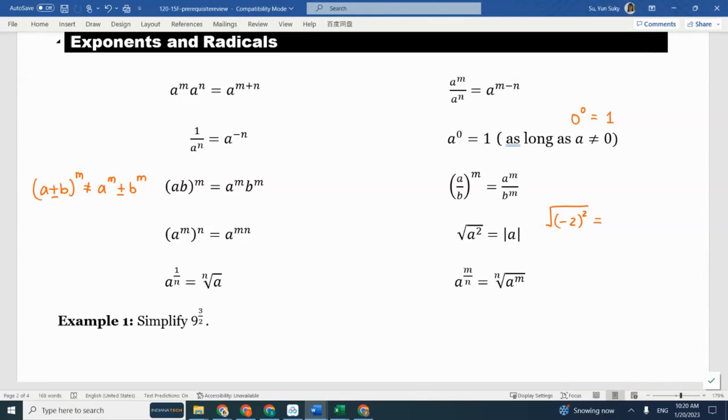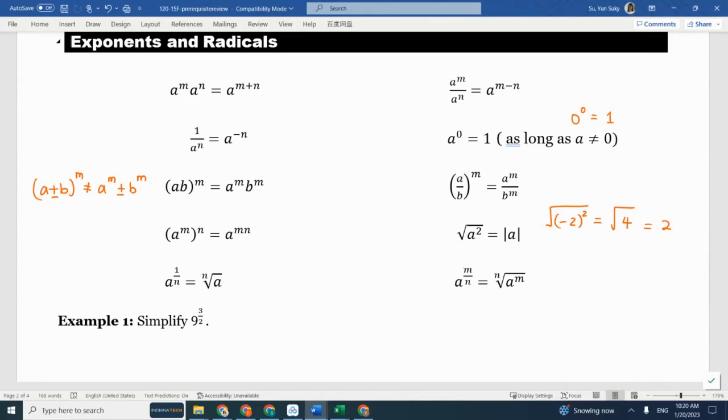So this is 4, so that is 4 inside the square root. Now, what is the square root of 4? 2. You see? We get 2. We don't get negative 2. Therefore, when you see a squared and then the square root, this is not just a. It's always greater than or equal to 0.